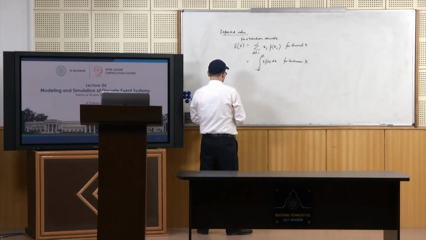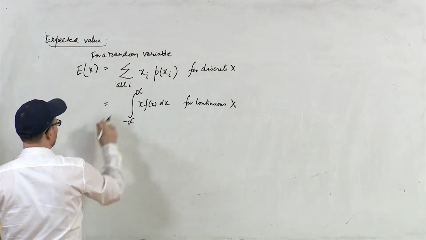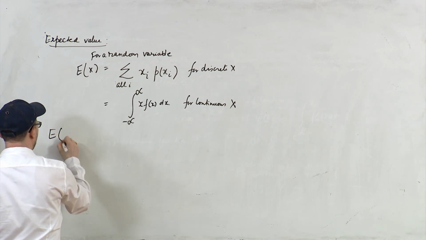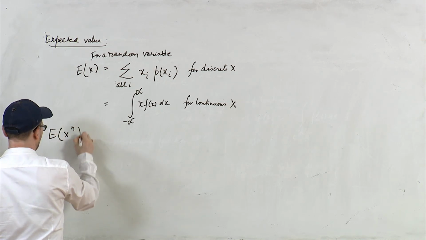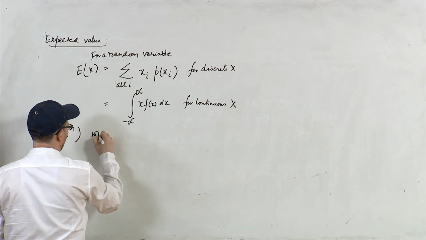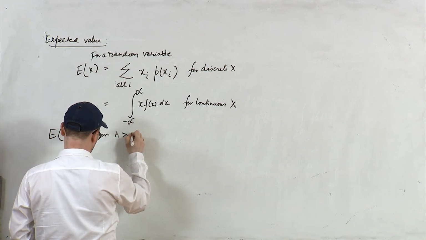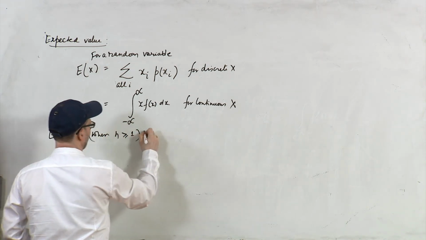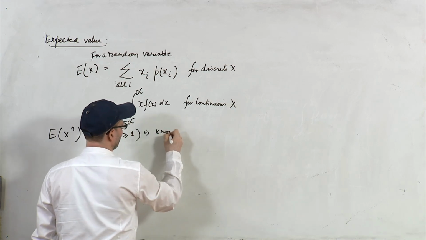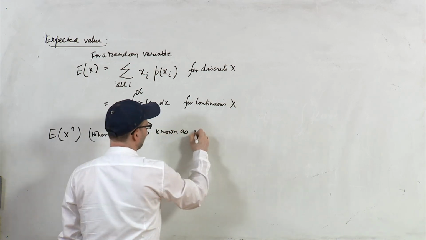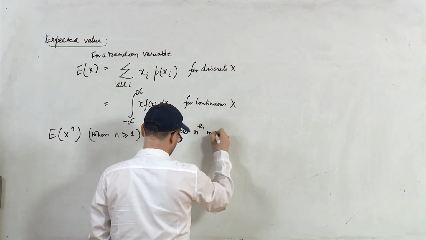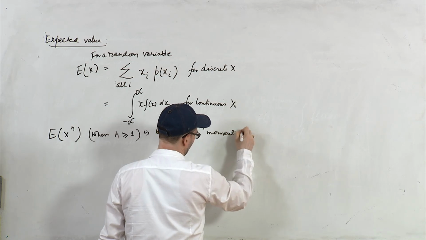Now, this is also known as the first moment. So, E[x^n], when n is greater than or equal to 1, is known as the nth moment of x.